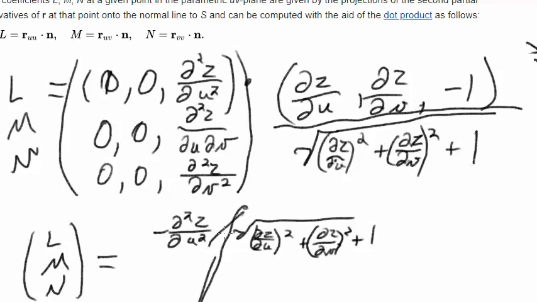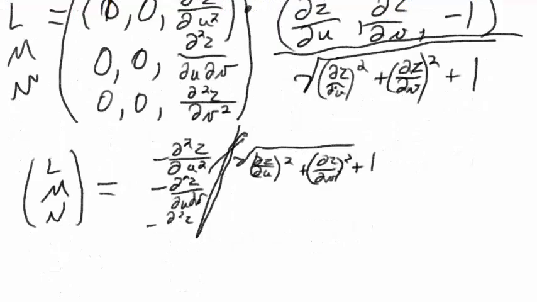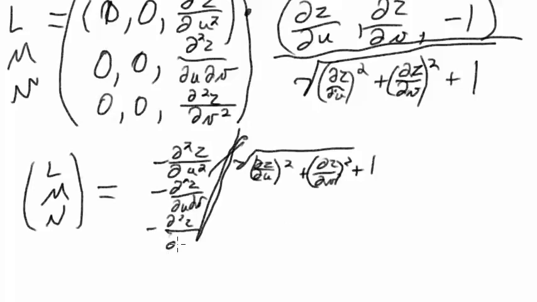I'll write one big divide sign there, because it's negative del squared z del u del v and negative del squared z del v squared. So that gives us what L, M, and N are.